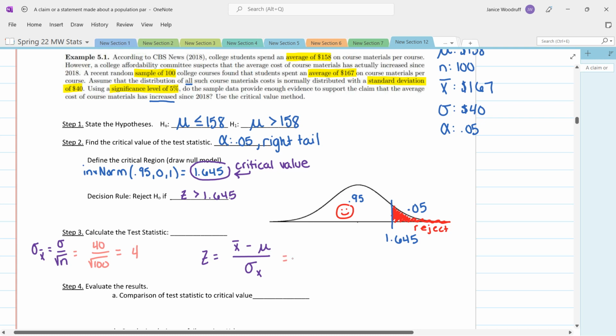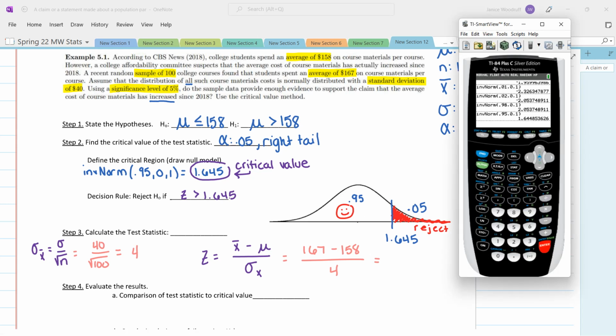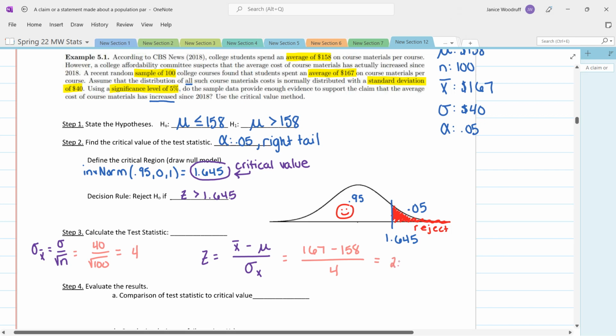And then the z value is going to be x bar, which is 167, minus the mean, which was 158, over 4. So that is going to be 9 over 4, so 2.25. Okay, that is your test statistic.